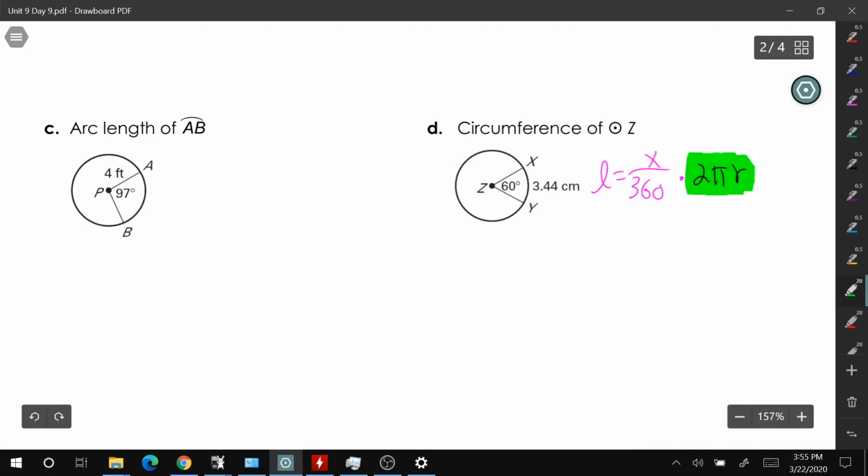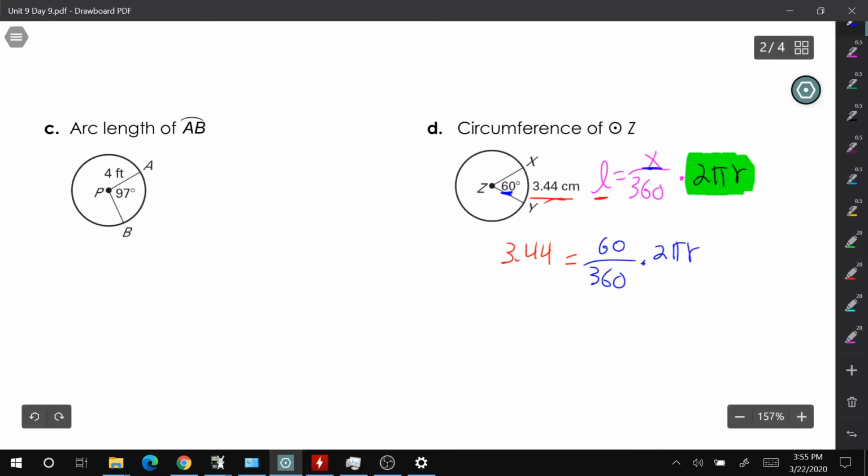It's right there. So as soon as we get that part by itself, we're done with the problem. We don't have to find the radius. That's not what we're asked to do. So let's plug in what we know. We know that the arc length is 3.44 equals, we know the angle is 60, and then we have 2 pi r.